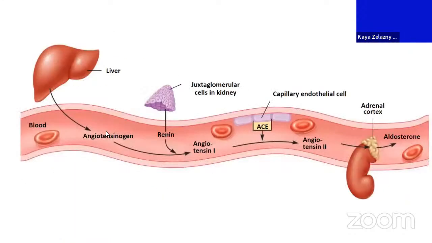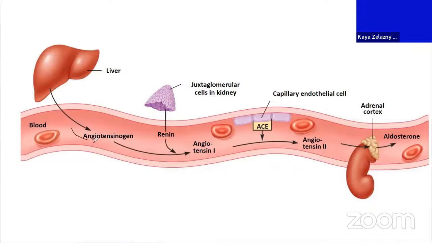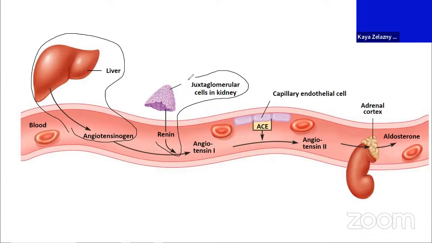So here we've got it big again. Here's our blood. Here's that angiotensinogen from the liver. Here's that renin coming from the juxtaglomerular complex, specifically from the granular cells, right up there in the kidney. That renin is turning the angiotensinogen into angiotensin 1.